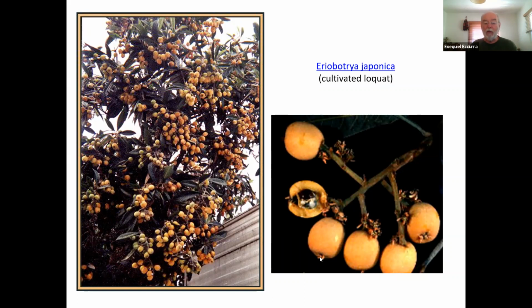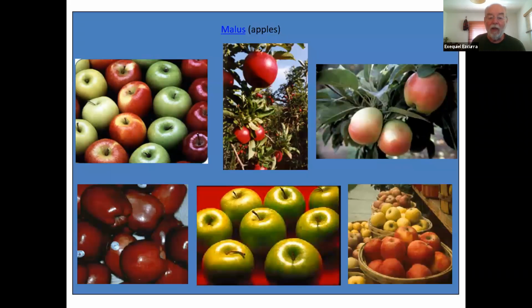The dead flower parts where the flower used to be are on top of the fruit. So the ovary is clearly inferior, and this yellow thing you're seeing is the hypanthium, the fleshy growth of the hypanthium. The family is economically very, very important. It has a diversity of apples that play a huge role in the fruit market in the United States and all over the world.